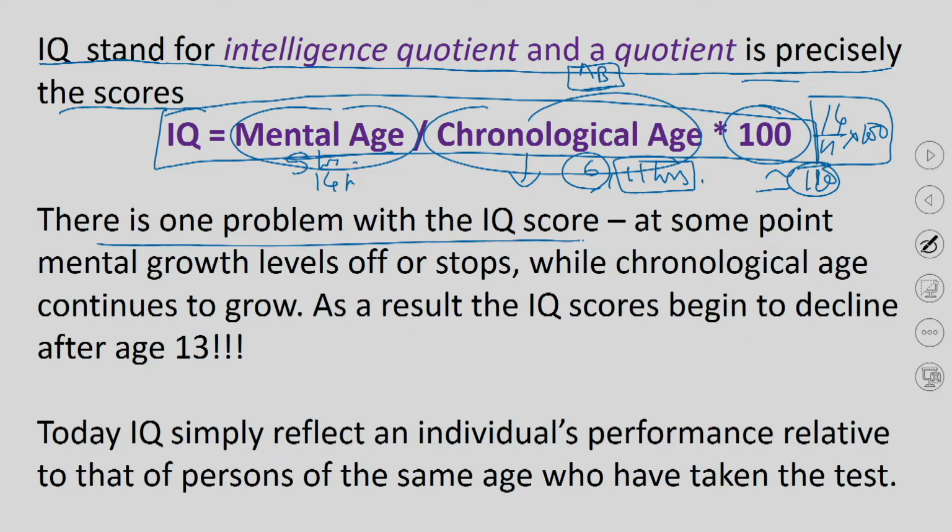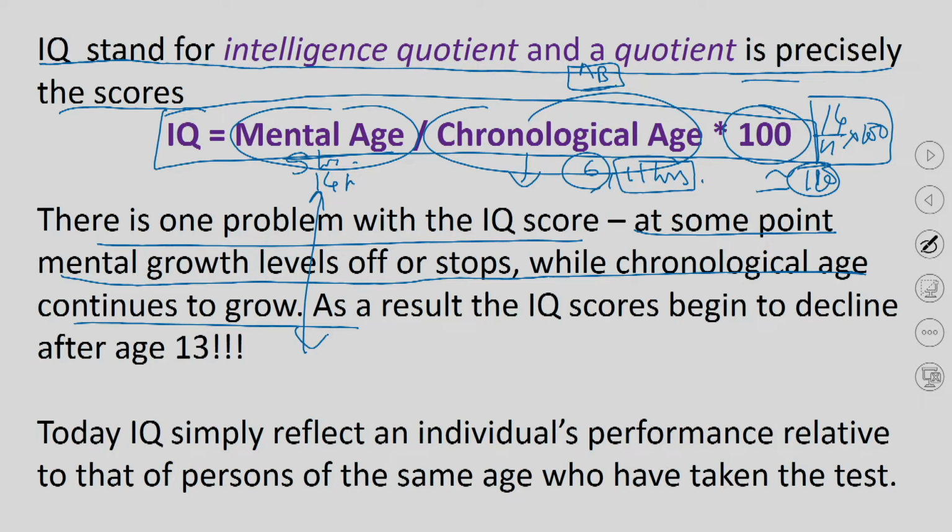Now, there is one problem with the IQ scores. At some point, mental growth levels off or stops, while chronological age continues to grow. The dynamics of the brain suggests that by the age of 13 years, no new neurons are formed.